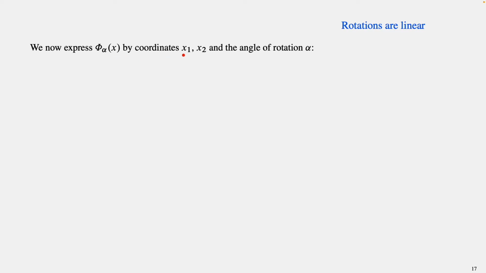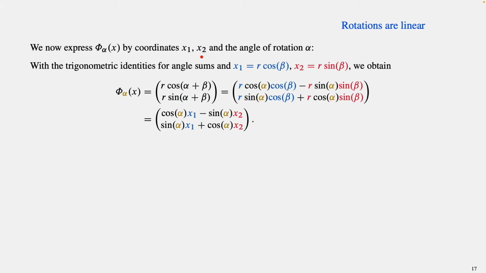And we want to get back to a representation of this rotated vector in the Cartesian coordinates x1 and x2. What we can do here is use some trigonometric identities that you may or may not have learned in school for the angle sums. We use the fact that x1 is r times cosine beta and x2 is r times sine beta, as we had two slides before when we introduced the polar coordinates.